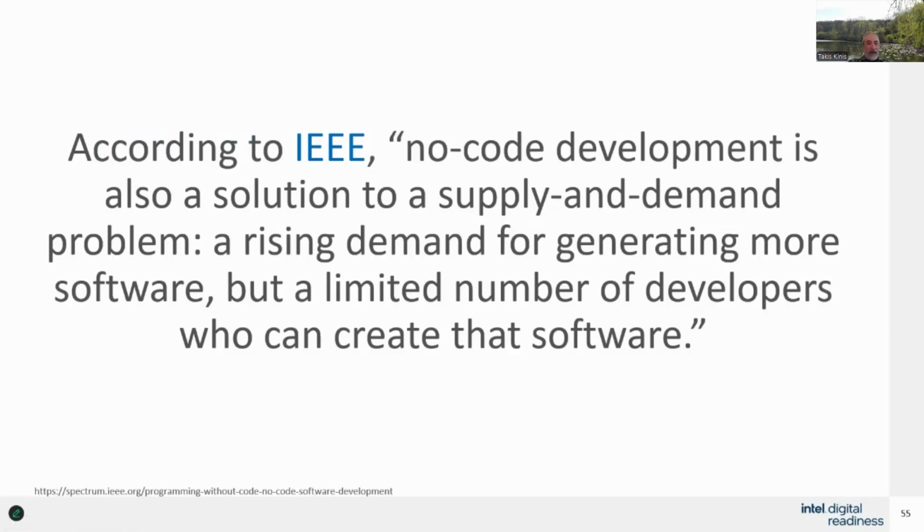Now, this is an interesting quote. The IEEE is an international standards organization for people in technology, by the way, if you're curious. "No code development is also a solution to a supply and demand problem, a rising demand for generating more software, but a limited number of developers that can create that software." So one of the reasons this exists is we can't generate enough coders.